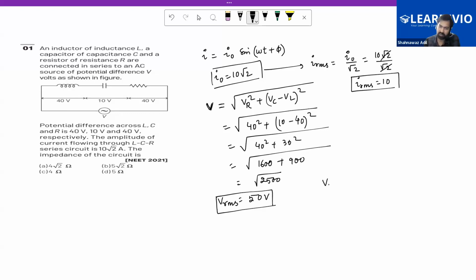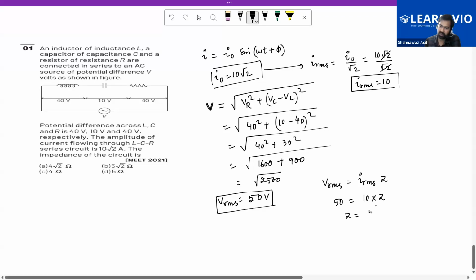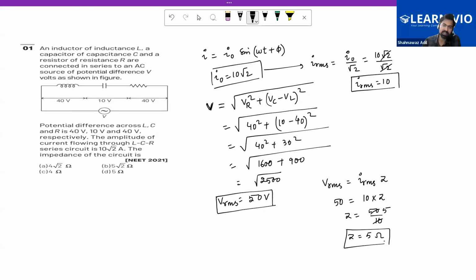VRMS is IRMS into Z. So VRMS is 50, IRMS is 10 and then Z. So Z is 50 by 10, which is 5. So Z is 5. This is the value that we will get, right? Is it clear, guys? So this would be the answer. Is it clear, guys?